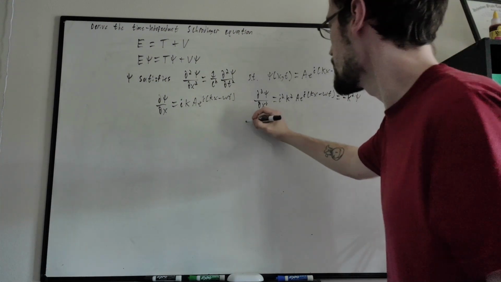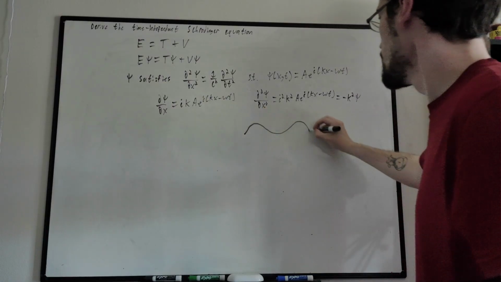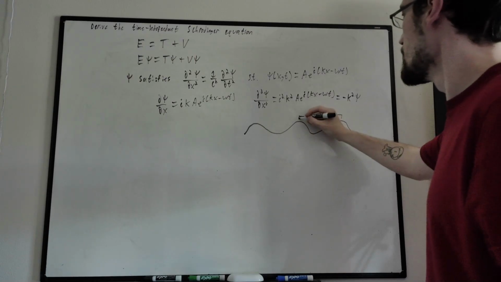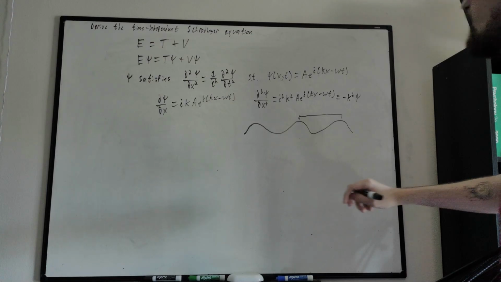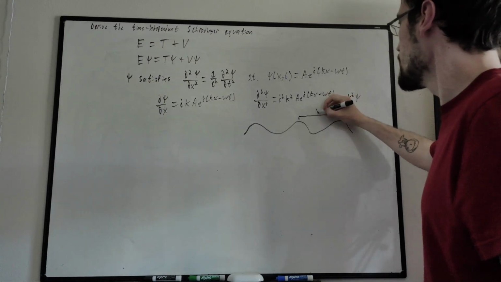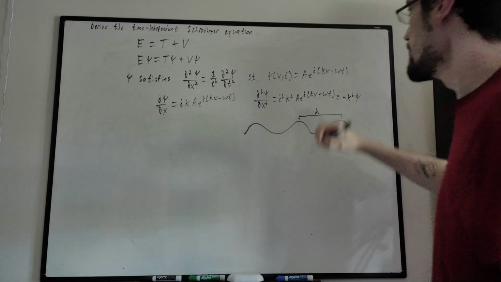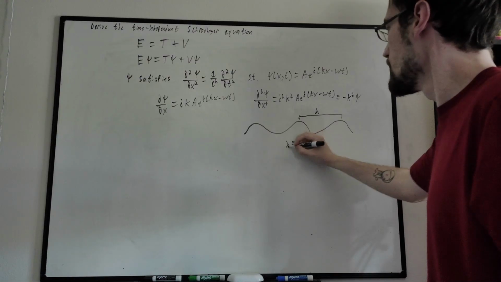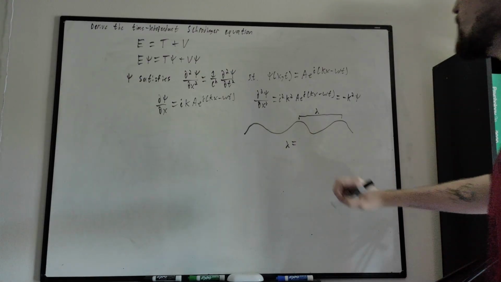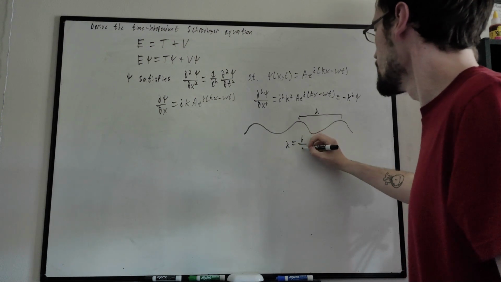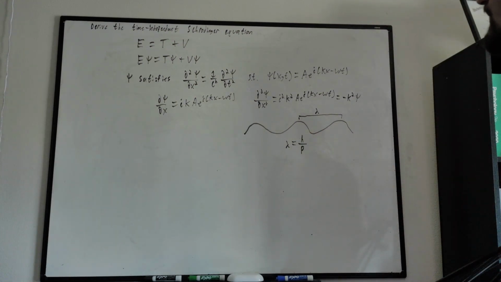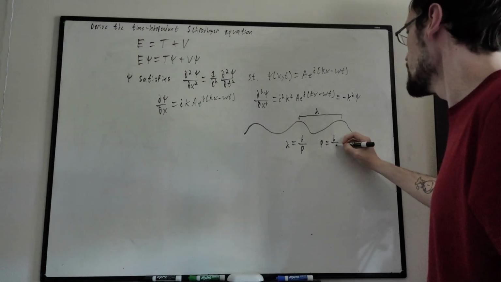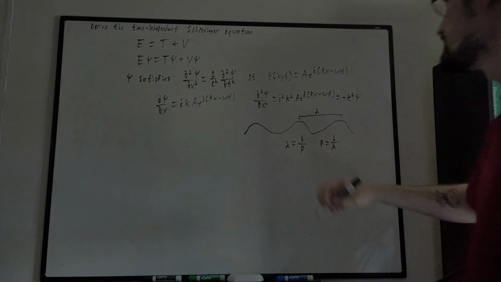Well, first and foremost, let's start with what's called the de Broglie wavelength. Let's say we have this arbitrary wave here. The distance of these crests here, these peaks here, is given by the de Broglie wavelength lambda, and lambda is equal to Planck's constant divided by momentum. So we can go ahead and define momentum, p, as the Planck constant divided by lambda.